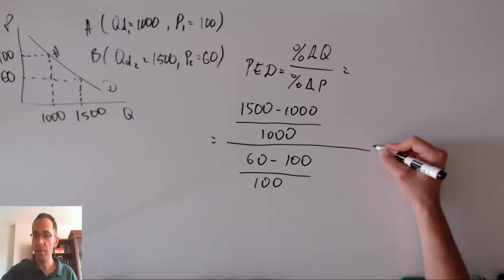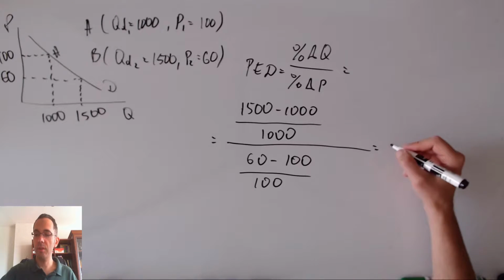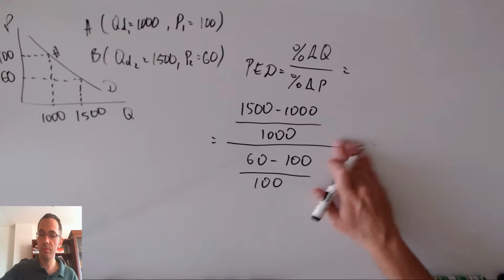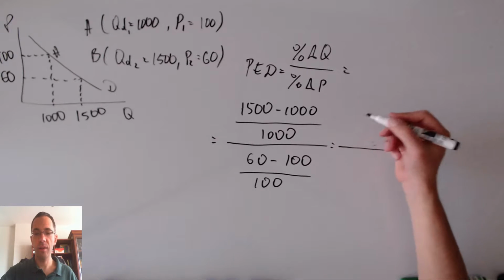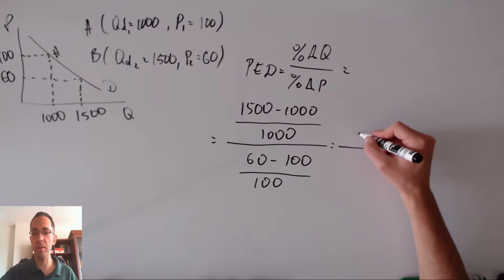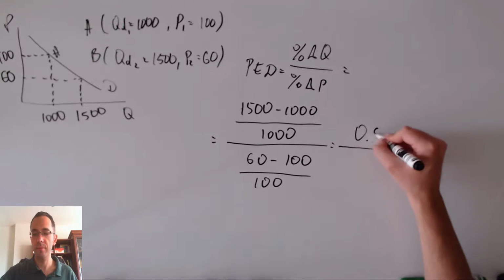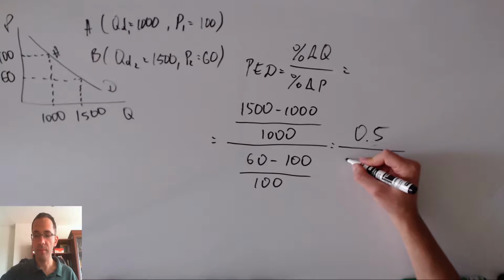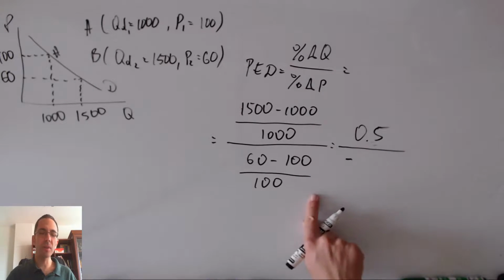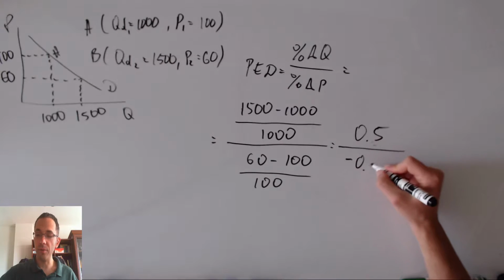So this will be equal to 500 over 1000, 0.5, and over here we have minus 40 over 100, minus 0.4.